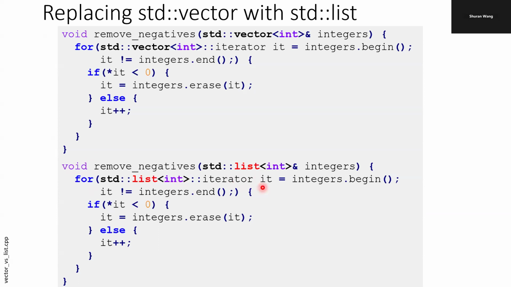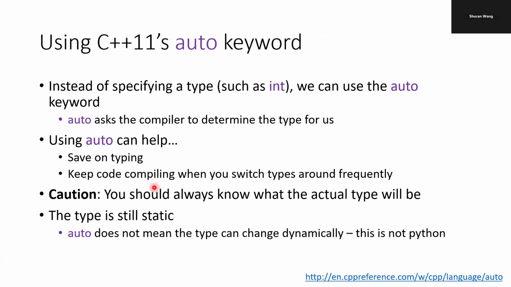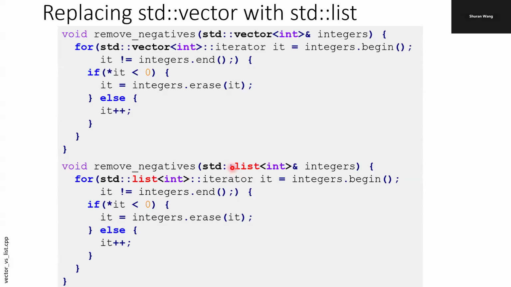But you still need to know that it's an iterator from the list class. This saves on typing and keeps code compiling when you switch types around frequently, because then you don't have to manually switch from vector to list here. You only need to switch this one.